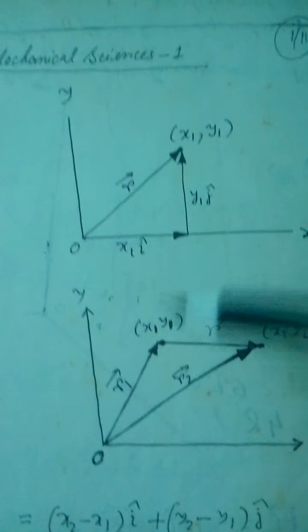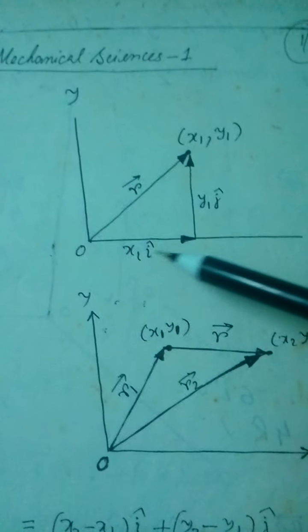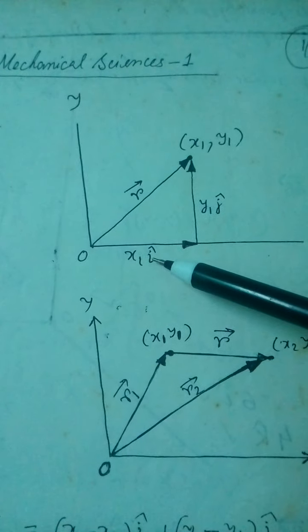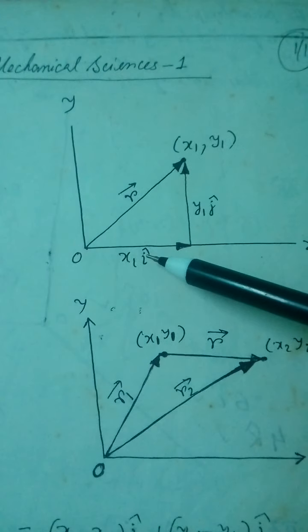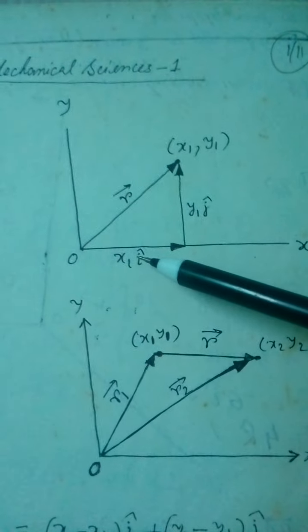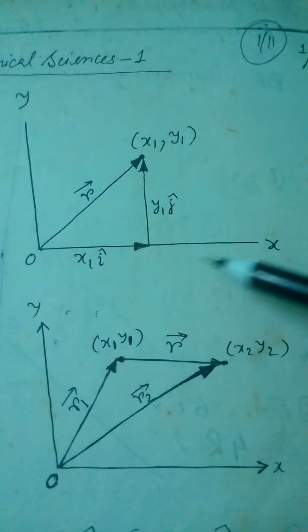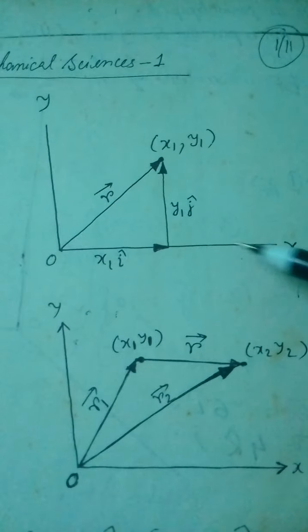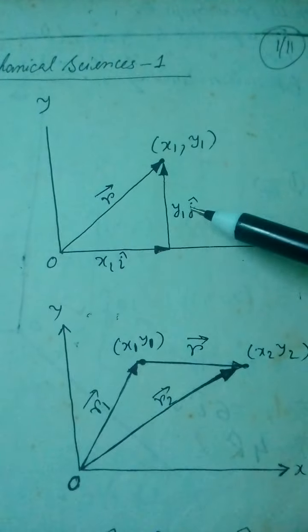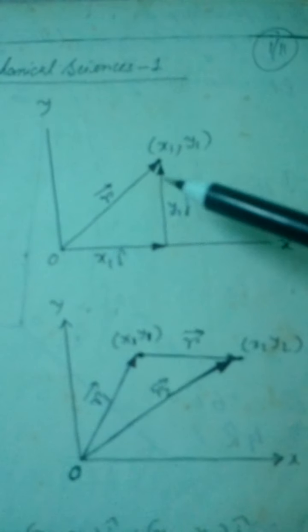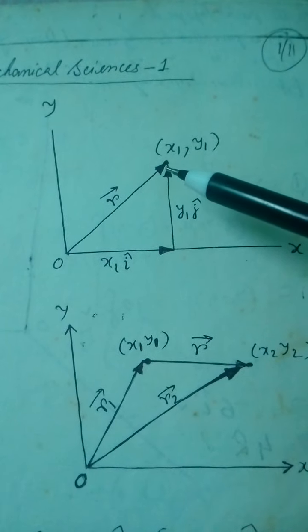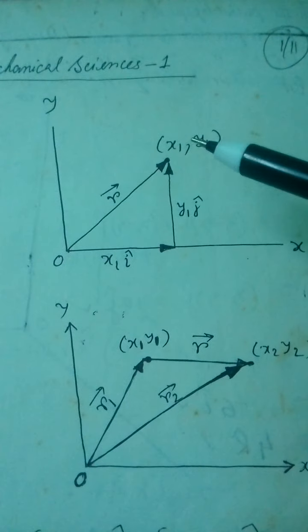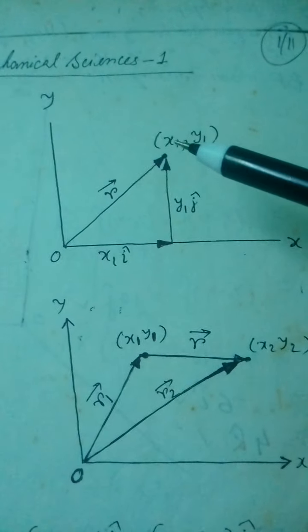But when we talk about this vector, it will be x1 i cap, where i is the unit vector along x direction and j is the unit vector along y direction. Okay, and also k cap is the unit vector along z direction.